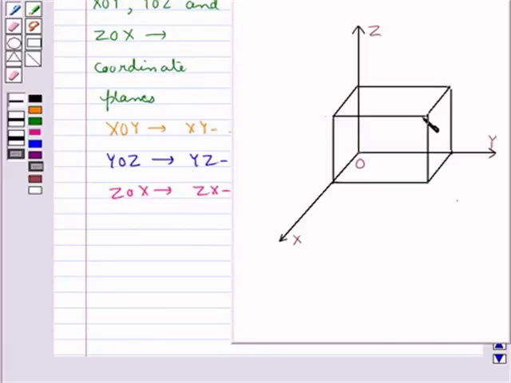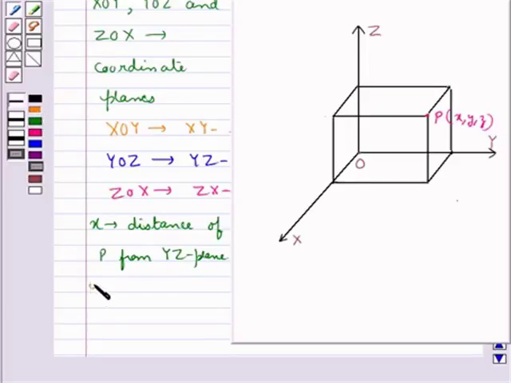Let's consider any point P in space. The coordinates of this point are always written in the form x, y, z. Here x is the distance of P from YZ plane.